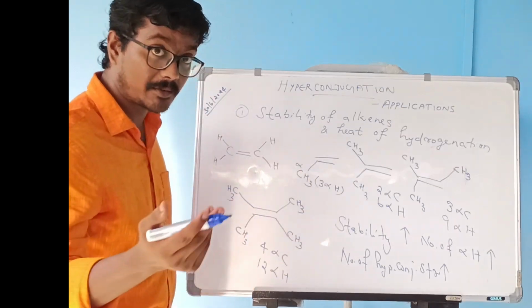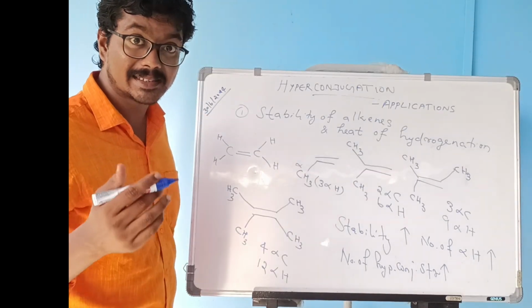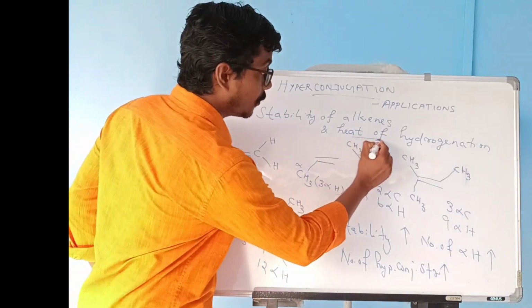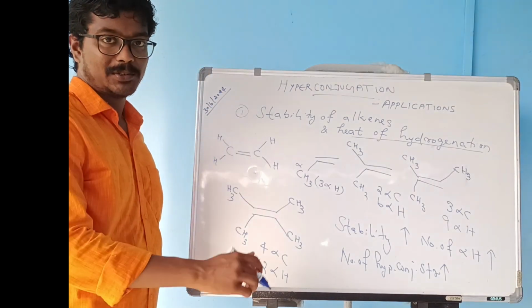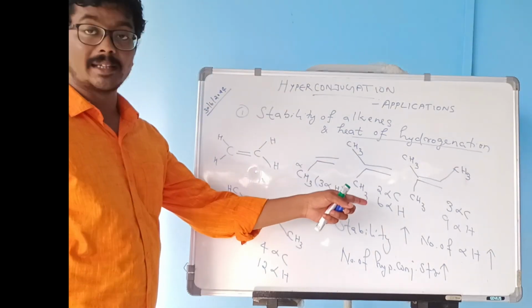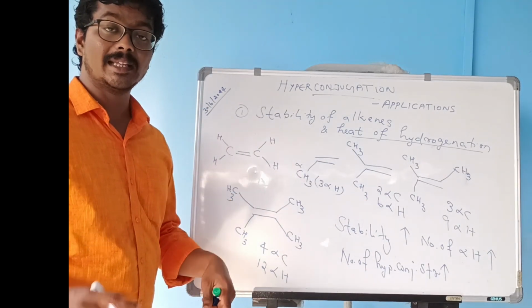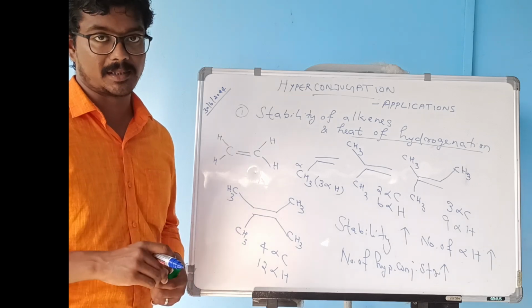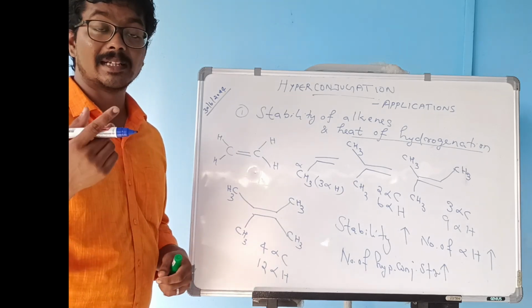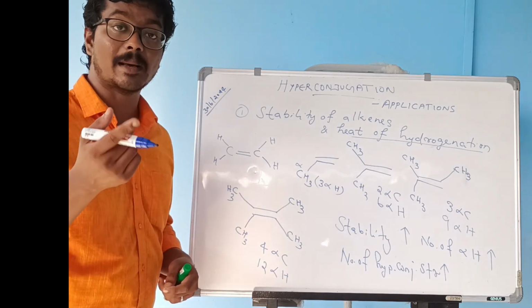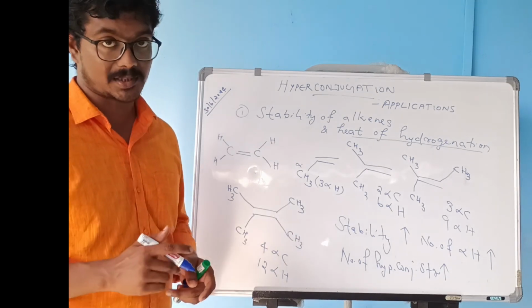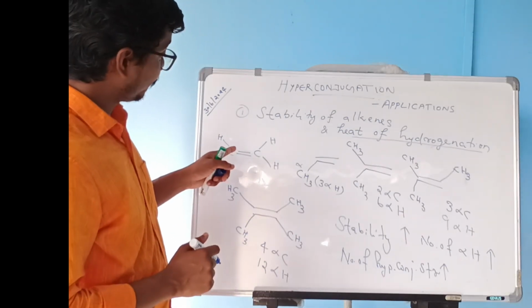As a result of that, what is going to happen? It decreases the energy, the heat of hydrogenation. So the stability of an alkene increases with the number of alpha hydrogen atoms, which in turn increases the number of hyperconjugative structures.